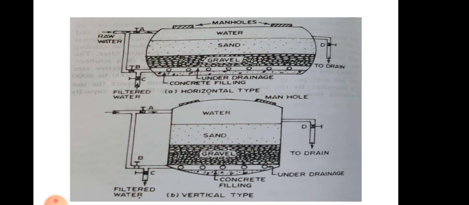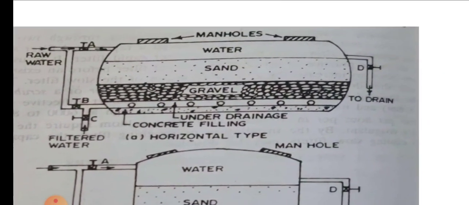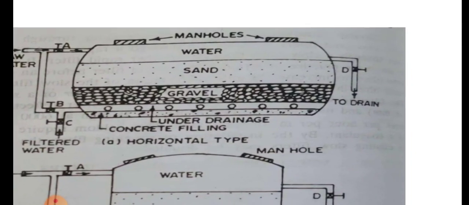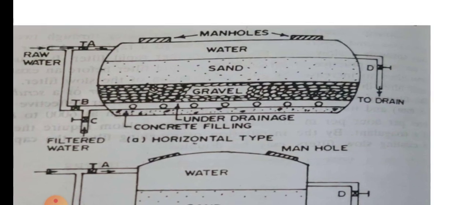Here you can see there are 4 types of valves also. At the top you can see valve A, there is valve B, valve C, and valve D. Valve A is the raw water inlet valve, valve B is the wash water inlet valve, valve C is the filtered water valve, and valve D is the wash water drain valve.